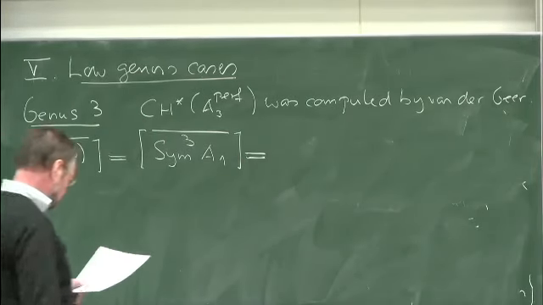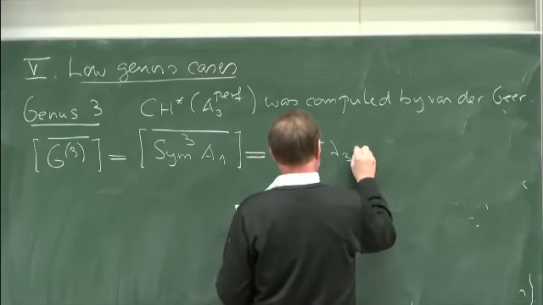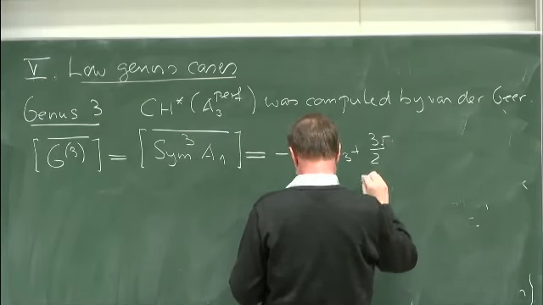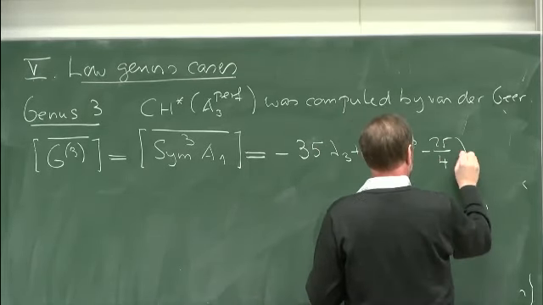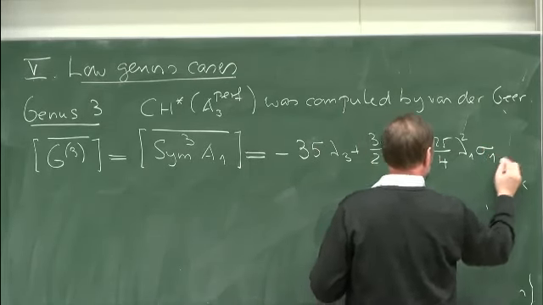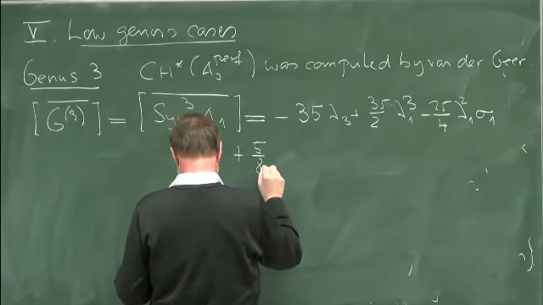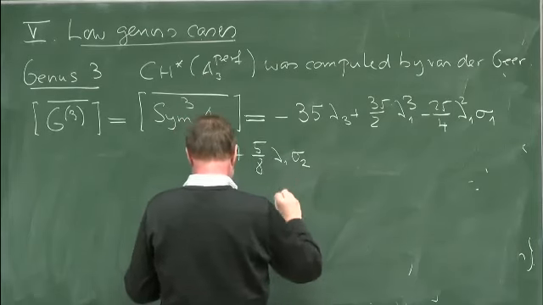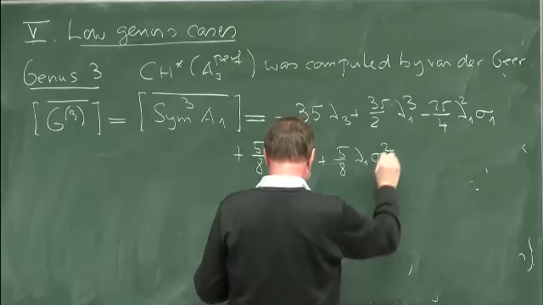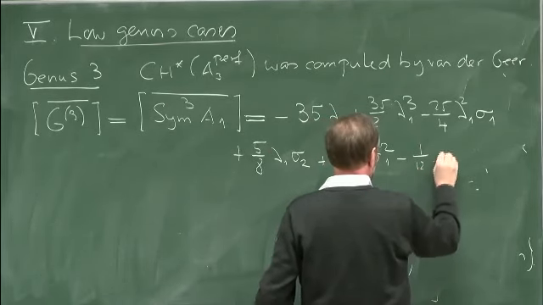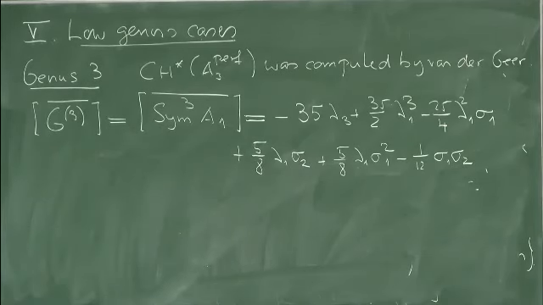And that is the following expression: minus 35 lambda 3 plus 35 over 2 lambda 1 cube minus 25 over 4 lambda 1 square sigma 1, plus 5 over 8 lambda 1 sigma 2 plus 12 over 8 lambda 1 sigma 1 square minus 112 sigma 1 sigma 2. So the lambdas are clear. What are the sigma?